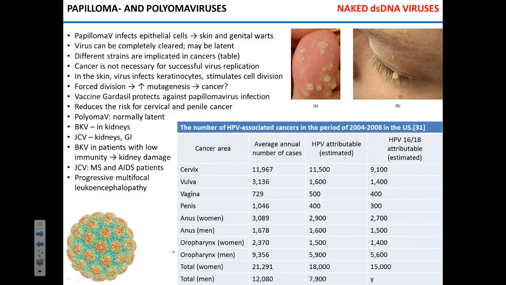Papilloma and polyoma. Papilloma virus, that's the causative agent of warts. There are little tiny warts. It infects epithelial cells. Are those epithelial cells? These ones. Yeah. Can virus infect them?